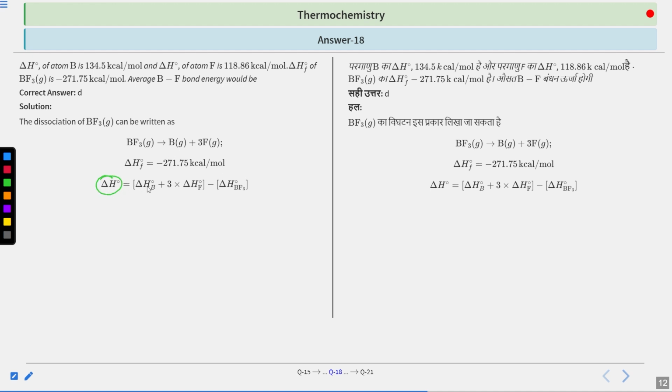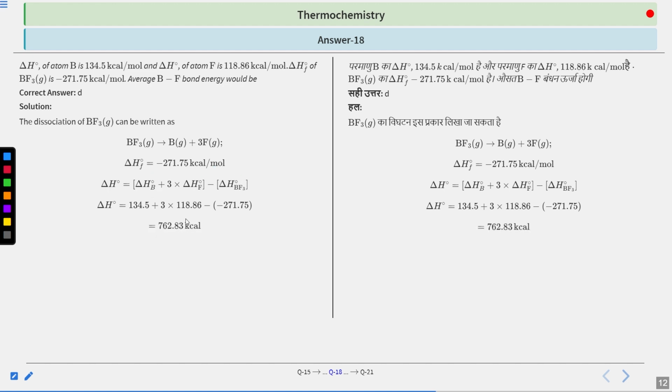Delta H naught is equal to delta H naught of B plus 3 into delta H naught of F, because one boron is present and 3 fluorines are present, so we have multiplied with 3, and minus delta H naught formation for the BF3.